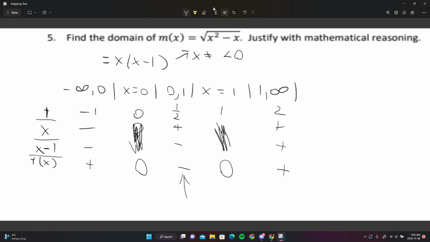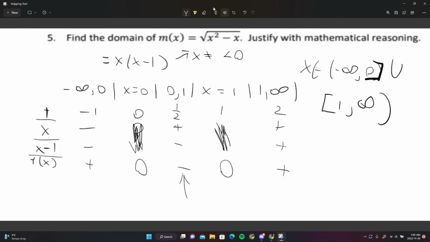So we get the same domain as before, x ∈ (-∞, 0] ∪ [1, ∞). So that's how you do 5.